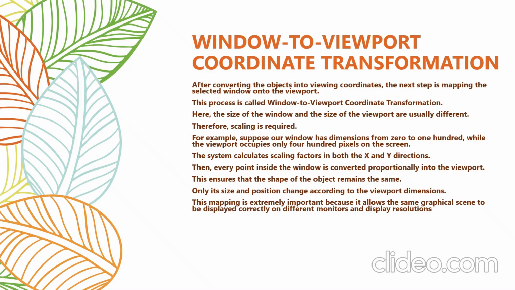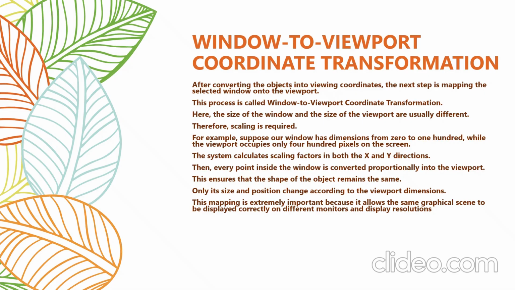Okay, then the system calculates scaling factors in both the x and y directions, and after that, every point inside the window is converted proportionally into the viewport, which will ensure that the shape of the object remains the same. The shapes should be the same, but the sizes could differ.